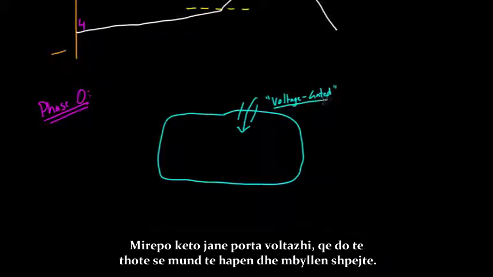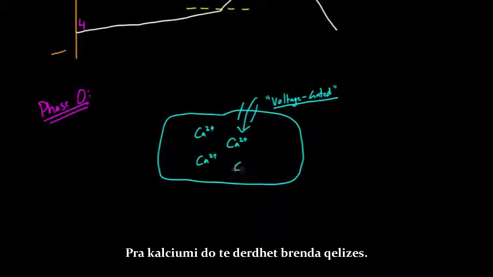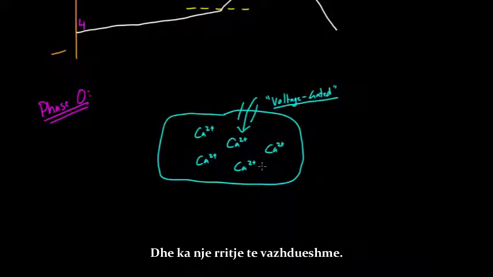These ones are voltage-gated, meaning they quickly flip on, but then they also quickly flip off. These voltage-gated calcium channels are going to let calcium in during phase 0, so calcium is going to flood inside the cell, and that's the reason you're getting that rise in the membrane potential. It's rising up, up, up.